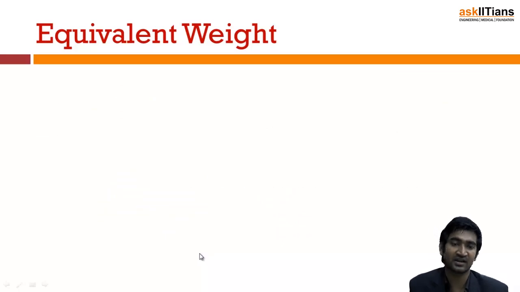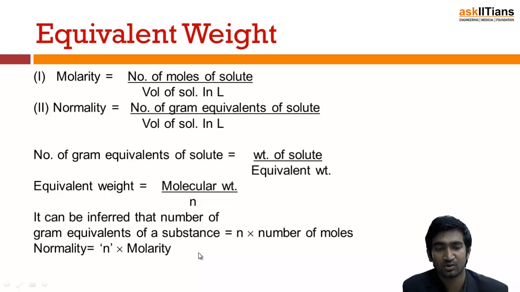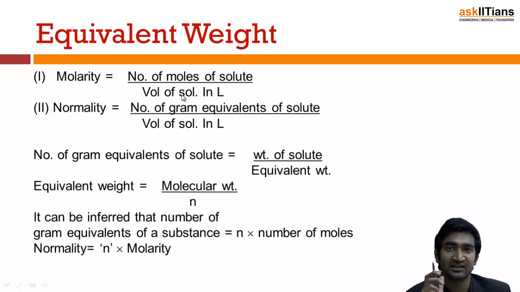Then the next topic is equivalent weight. What is equivalent weight, guys? Molarity, we know, is the number of moles of solute dissolved per liter of solution. Normality is the number of gram equivalents divided by the volume of the solution in liters. Now what is gram equivalence?